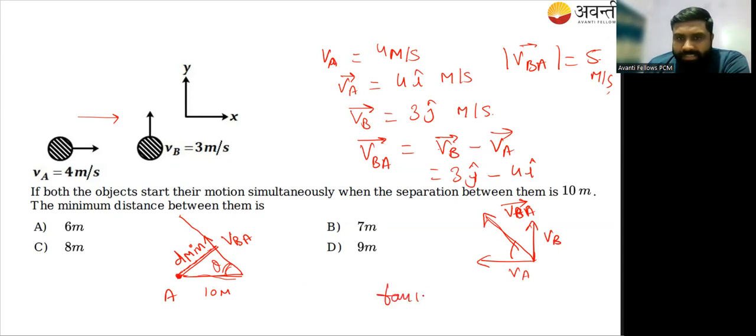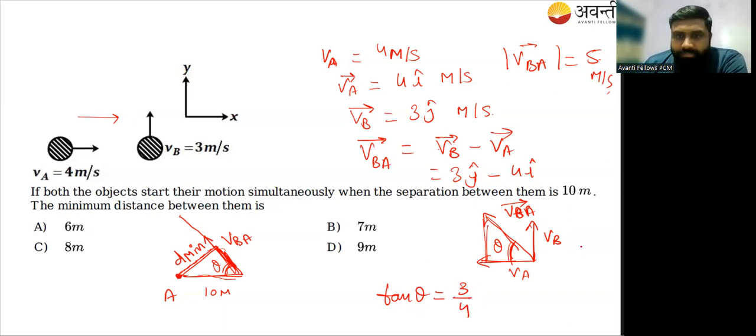If you apply tan theta here, in this triangle, this is the resultant and this angle is theta. So tan theta would be VB over VA, so it will become 3 by 4.